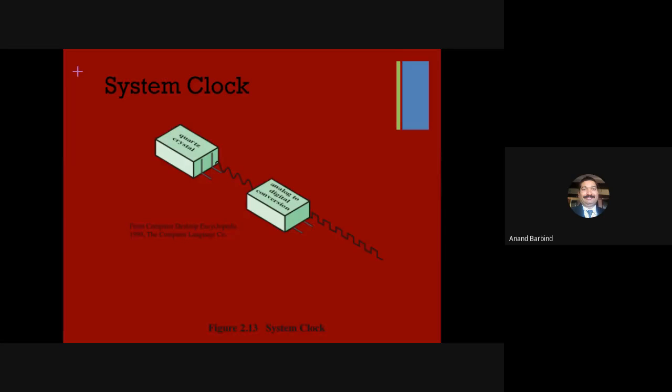So this is one way that you can evaluate the performance of computers. But many times two or more computers may have the same system clock, and in that case you need to go for different parameters with which you can evaluate performance.